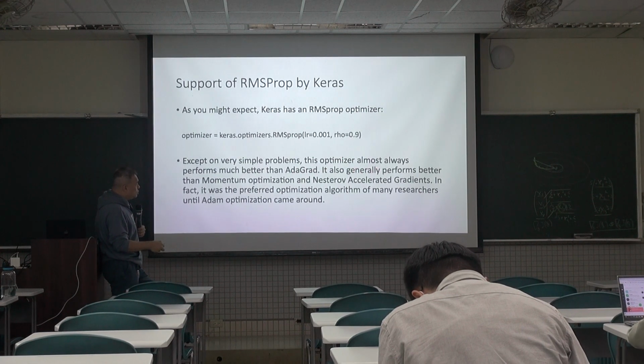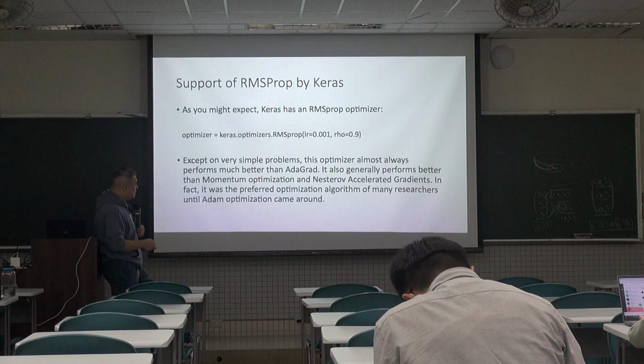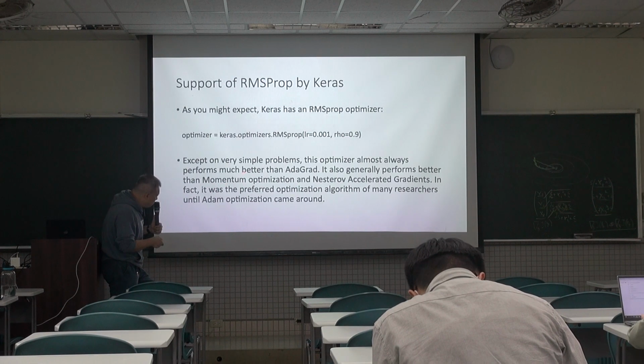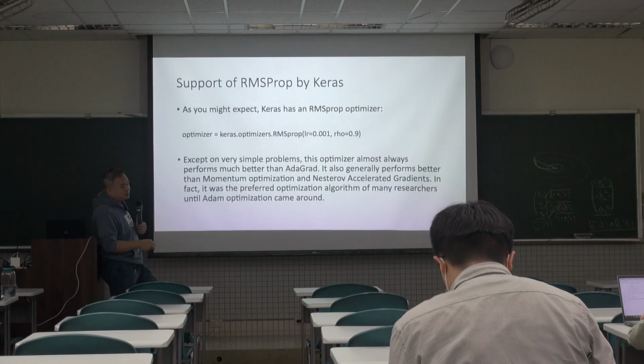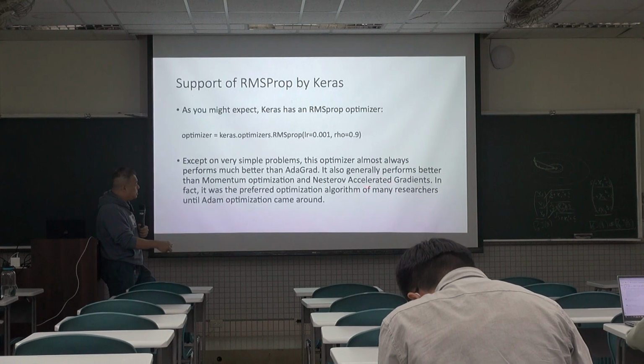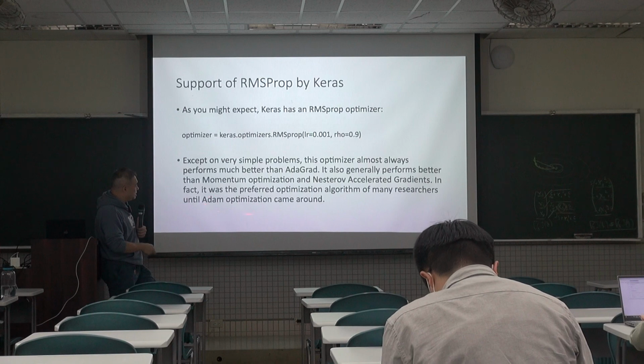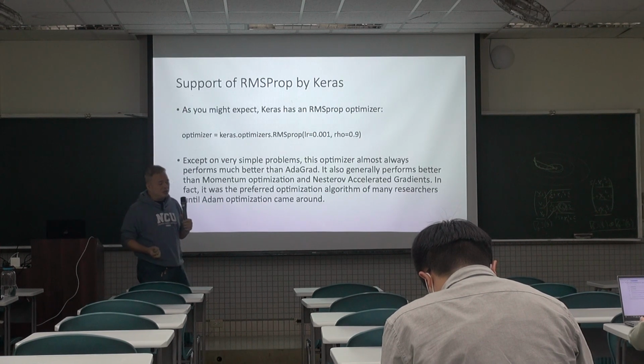It also generally performs better than momentum optimization and Nesterov accelerated gradient. So it was the best optimization algorithm out there for many researchers for many years, until Adam optimization was proposed.